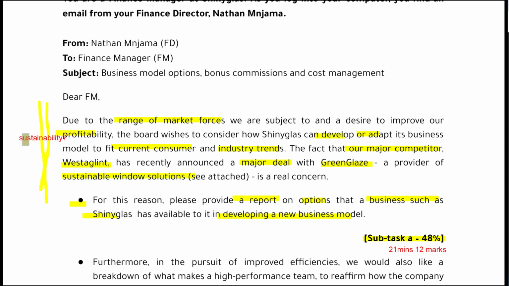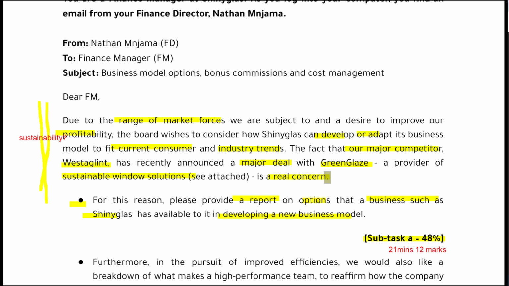So, yes, I went for sustainability too. So they're saying this is a real concern. So what we're being asked to do here is to give a report on the variety of different options that we have in developing a new business model. And the reason why is that Westerglint are kind of stealing a march on us.